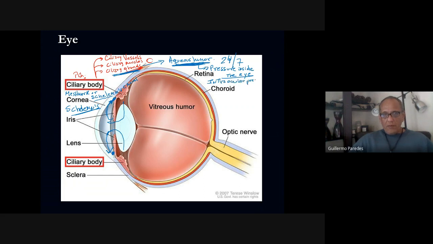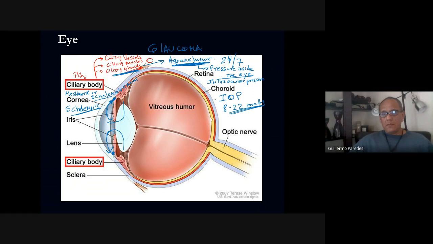That is a problem for the person who has glaucoma. They are going to end up in blindness in the long run. Intraocular pressure, we call it the IOP. It is normally between 8 to 22 millimeters of mercury.